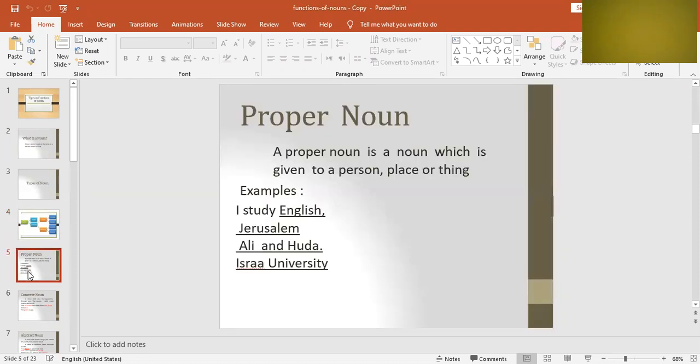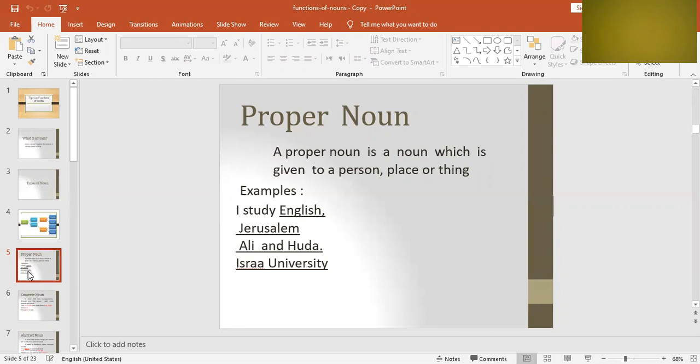Now, proper nouns are names of people, Ahmed, Ali, Fatima, John, Patricia, and so on, or names of cities and places. For example, Palestine, Jerusalem, America, Egypt, Cairo, Damascus, Gaza, and so on.